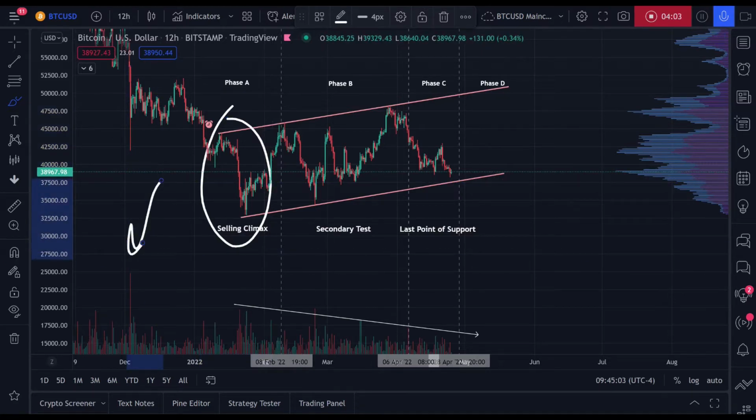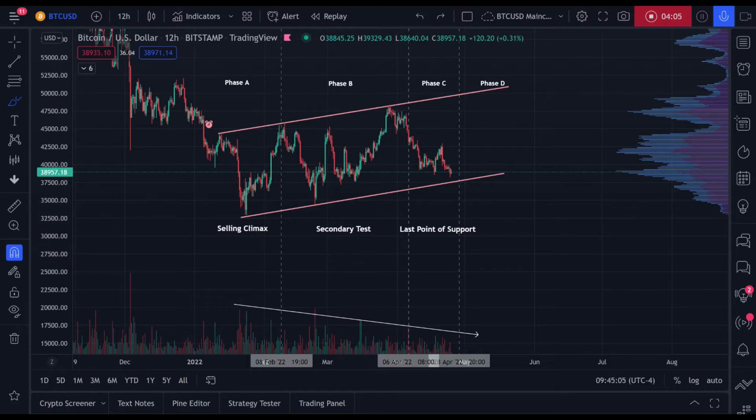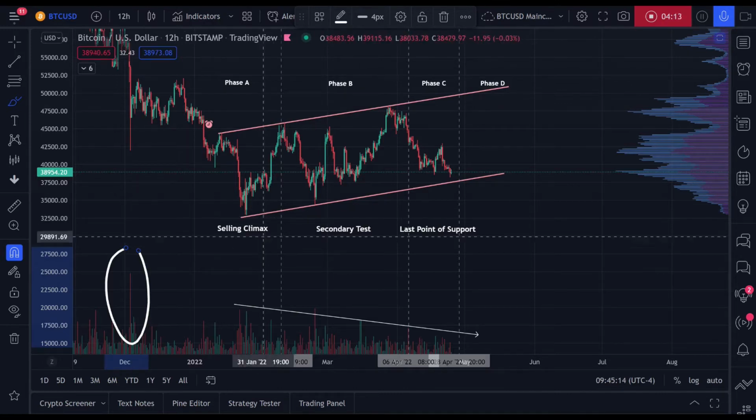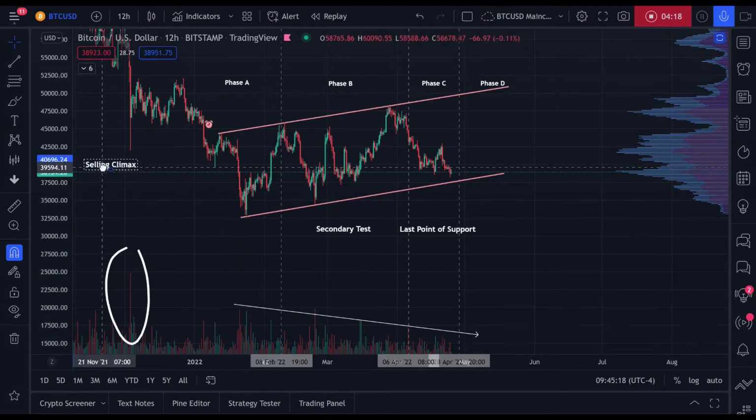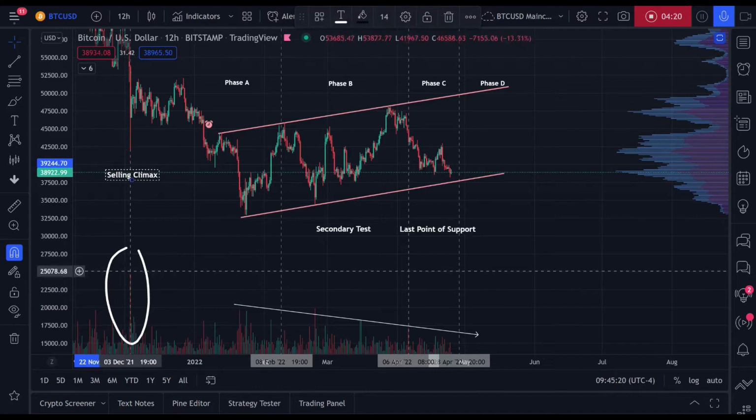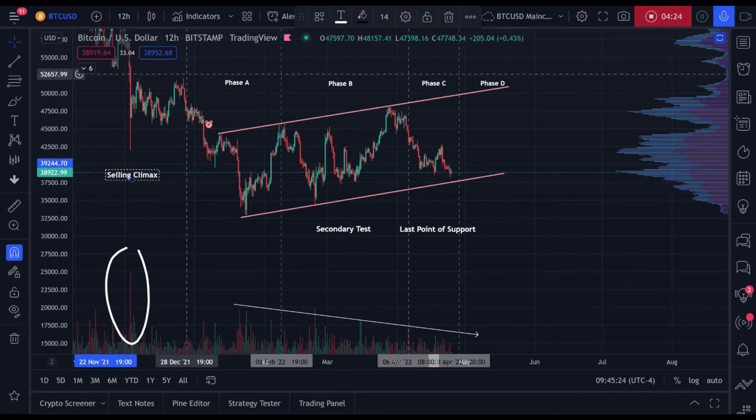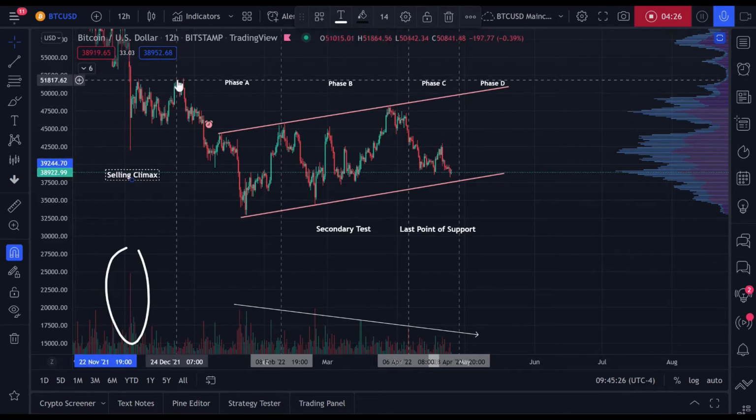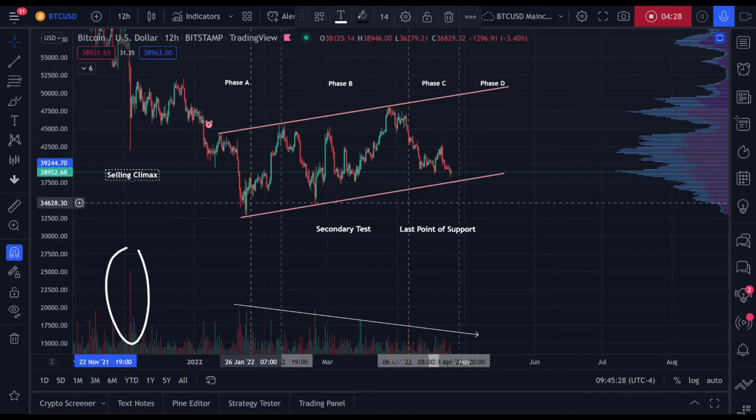This is very crucial: you will have to have a selling climax. You could say that this is the selling climax right here, because this is where you get the big candle, and this is where you get your automatic rally. But I started it here.